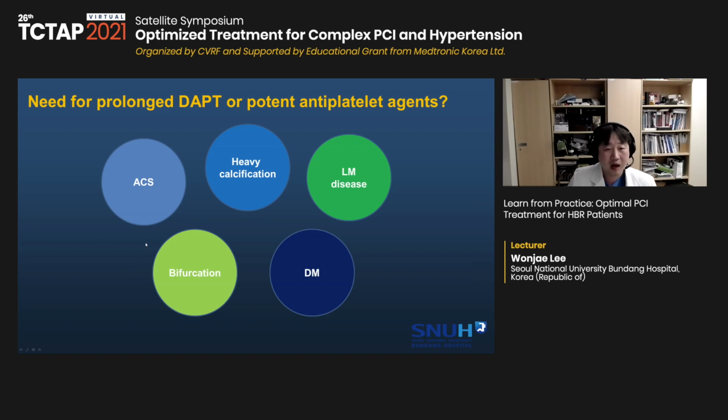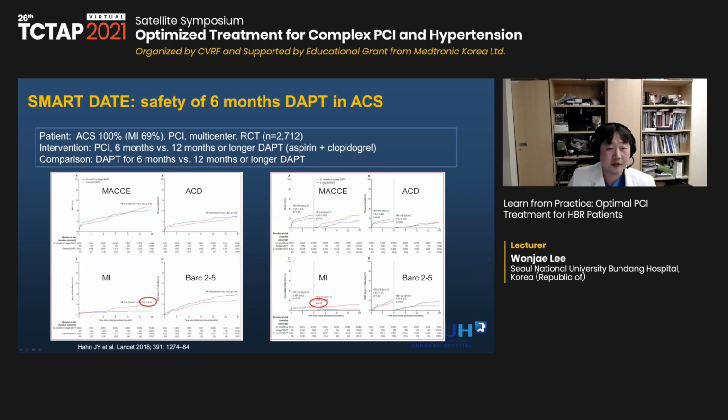But however, how about ACS patients? How about patients with heavy calcification, left main disease, bifurcation? I think these patients still might need prolonged DAPT, or they might need a more potent antiplatelet agent. So this was a trial that showed some concern of a shorter DAPT in ACS patients. The SMART-DATE trial looked at the safety of 6-month DAPT in ACS.